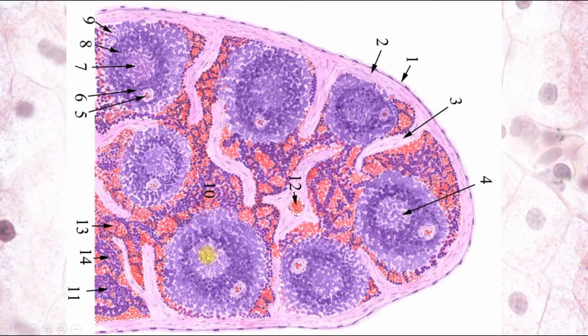So white pulp contains mainly lymphatic follicles, and red pulp contains splenic cords, which are alike the medullary cords of lymph nodes, and between them there are splenic sinuses, which are alike the medullary sinuses of lymph nodes, but splenic sinuses are filled with blood, not with lymph.